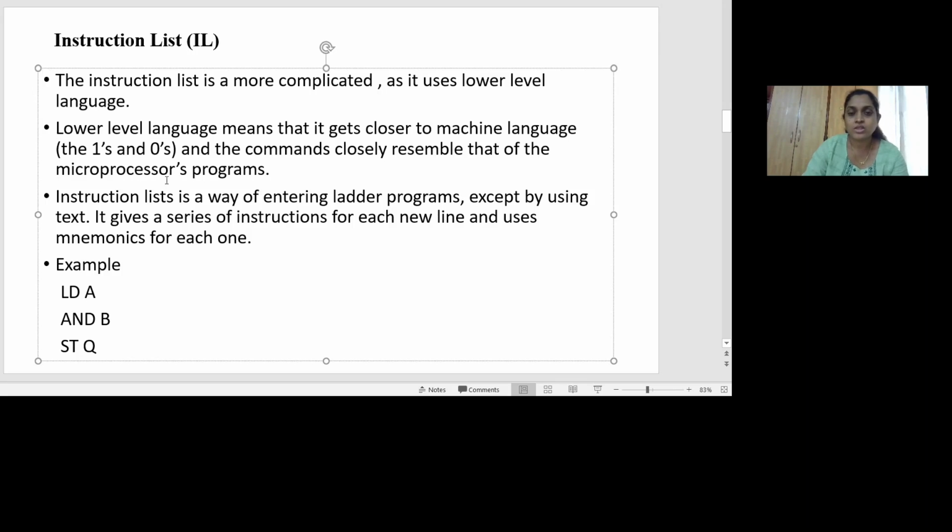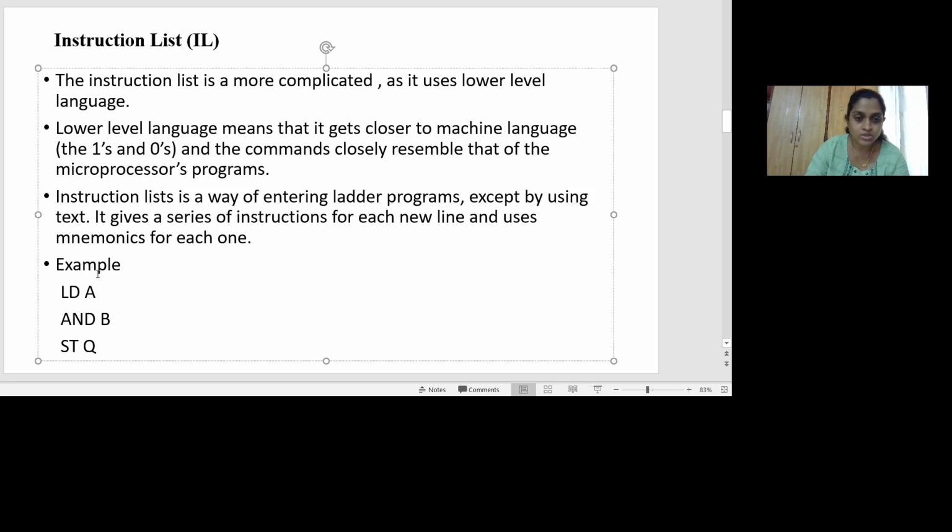The instruction list consists of some assembly language instructions. So we are using mnemonics here. To give instructions to the PLC, we use what are called mnemonics. The same mnemonics you are familiar with when programming a microprocessor.